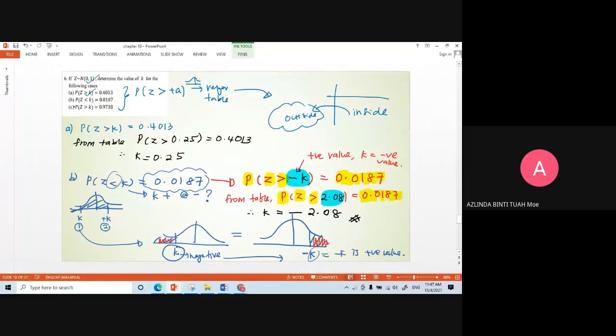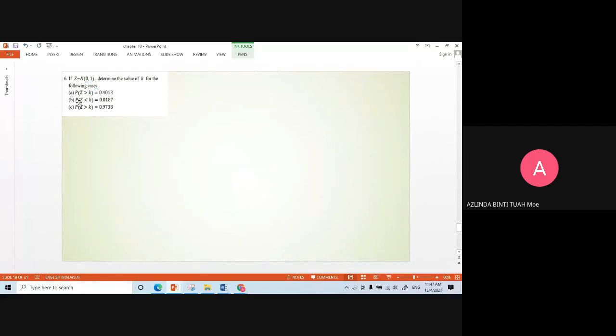Okay, yang seterusnya soalan C. P(Z greater than K) is equal to 0.9738. Logically, area dia sangat besar. So, dia mesti akan melibatkan dua bahagian.